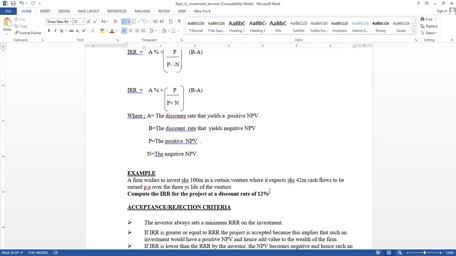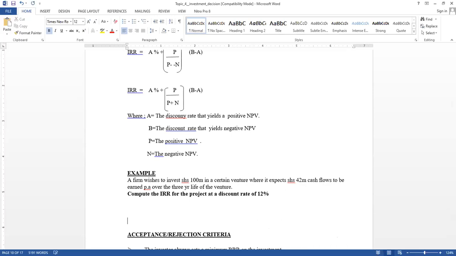We compute the IRR for the project at a discount rate of 12%. Now, the initial investment is 100M.